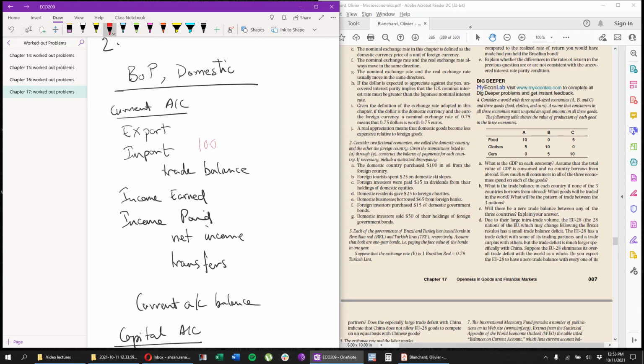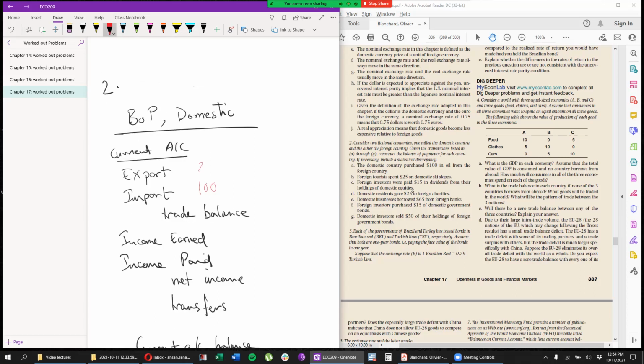And of course, for foreign country, which you guys will do, this will count as export because they're selling it. Part B, foreign tourists spend 25 on domestic ski slopes. So this is foreigners who are coming to your country and they're giving you money. So this is export, 25.